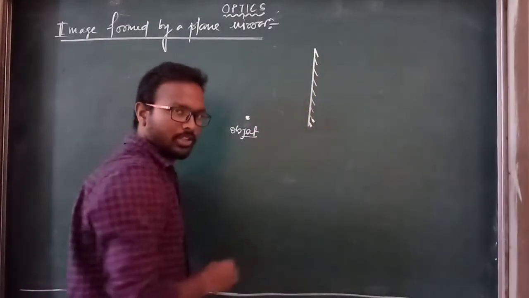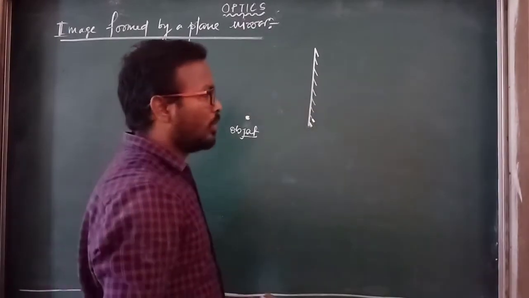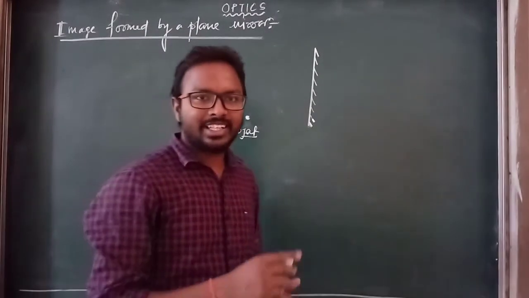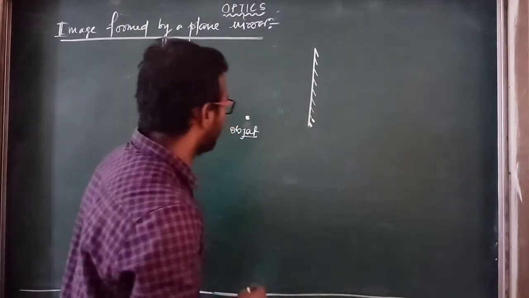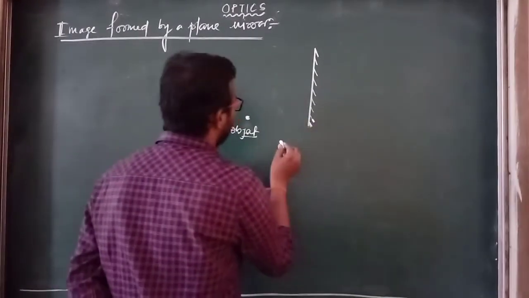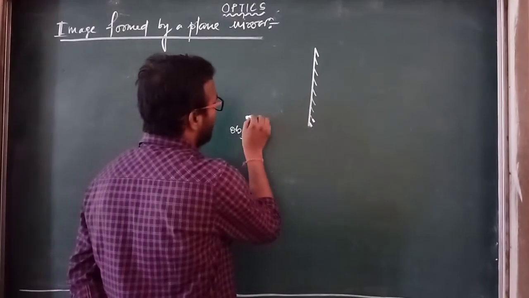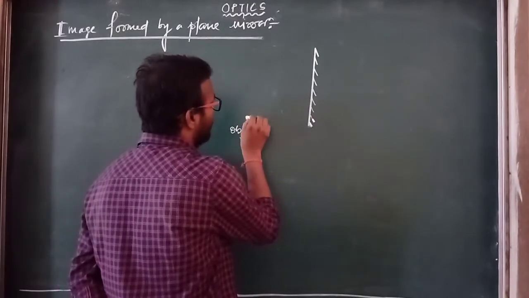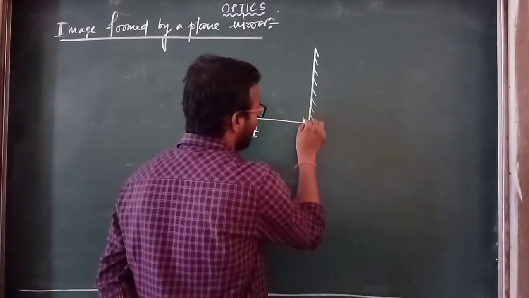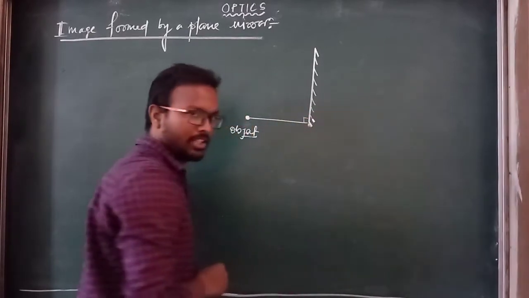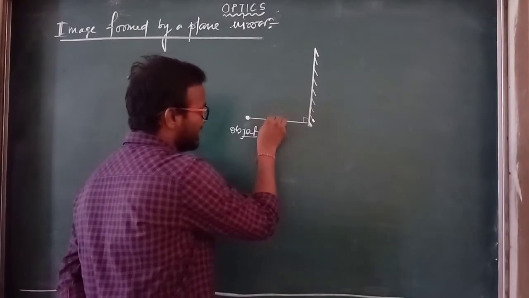So how does the image form on this plane mirror? Actually, if you want to see an object, then we need a minimum of two rays. So first, suppose the light from the source goes in this direction and is incident normally on the plane mirror. This is the incident ray.